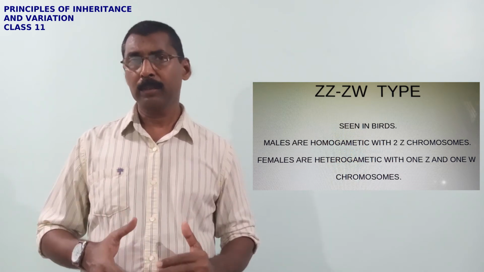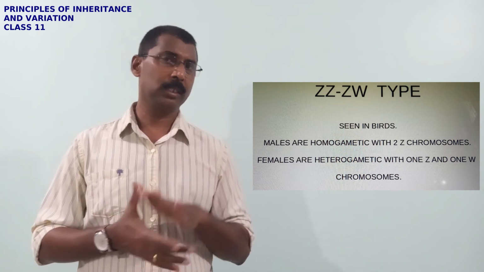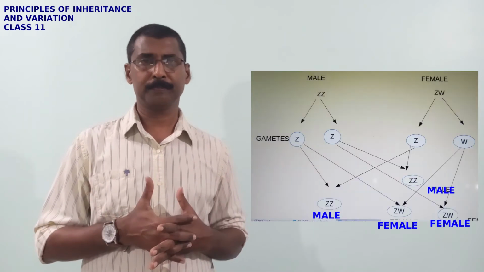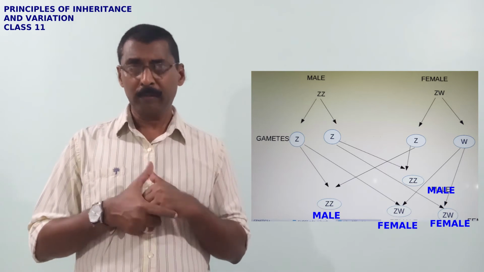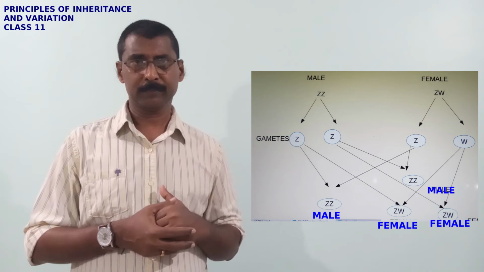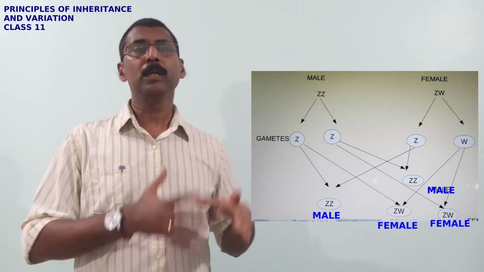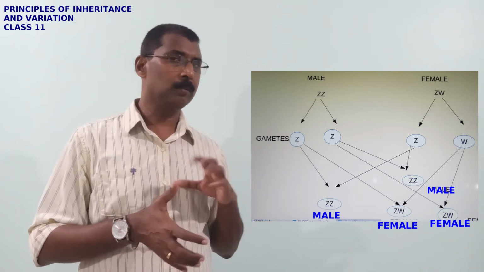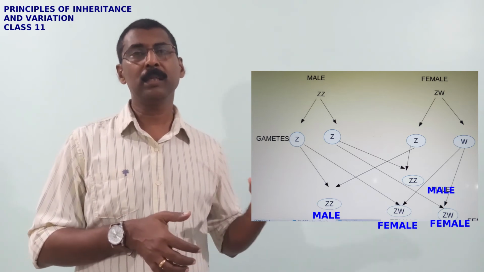They produce the same type of sperms during spermatogenesis, the same type of gametes with the Z chromosomes. Whereas females are heterogametic. Female birds produce two types of ova, 50% with Z chromosome and 50% with the W chromosome. ZW pattern.